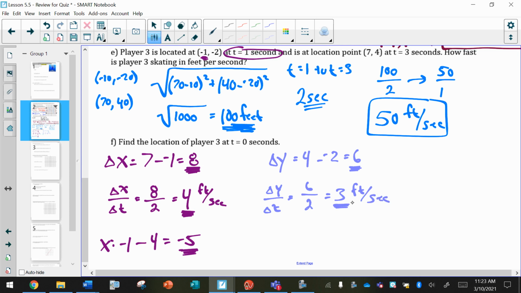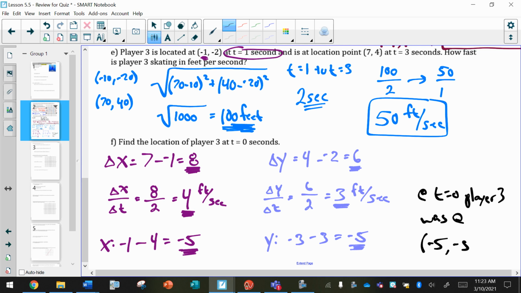And then work backwards to figure out where this hockey player started 1 second before our information was given. Then we can write our final position point, -5, -5. That was the starting location of player 3.